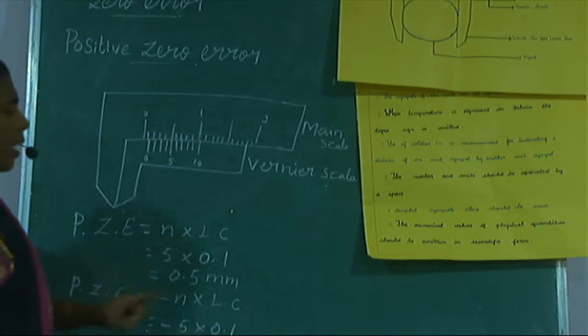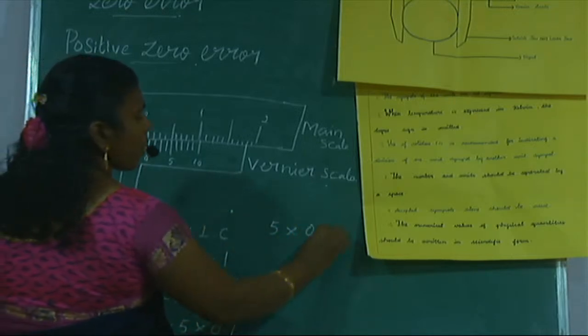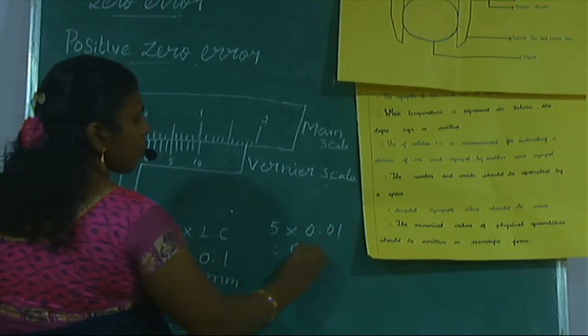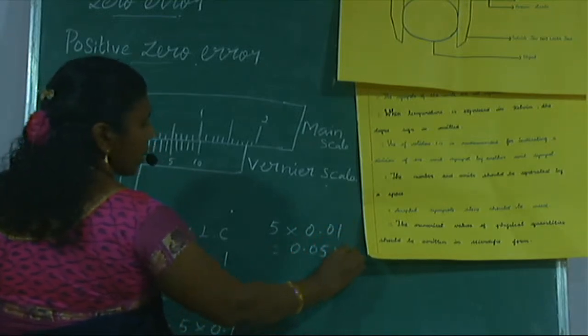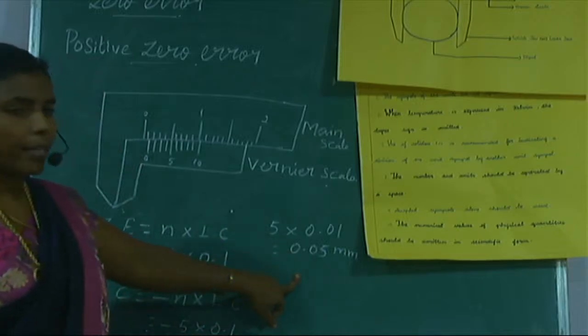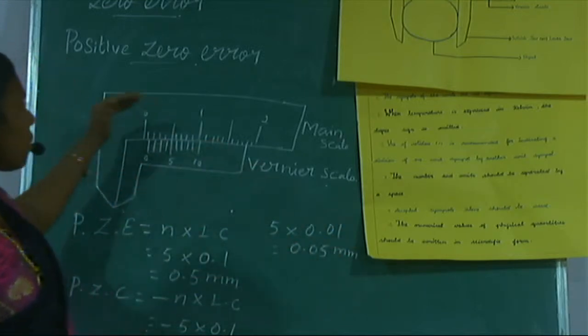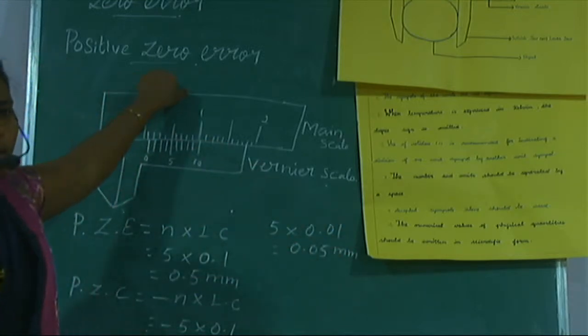Suppose the least count is in centimeter. Then what's the value? 5 into 0.01, so you'll get 0.05. So the zero correction you can write as minus 0.05. Like that you have to find the positive zero error.